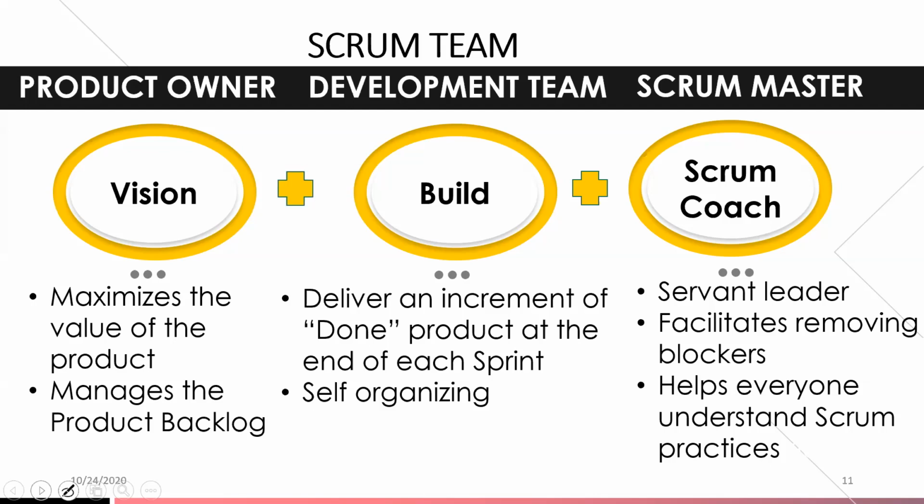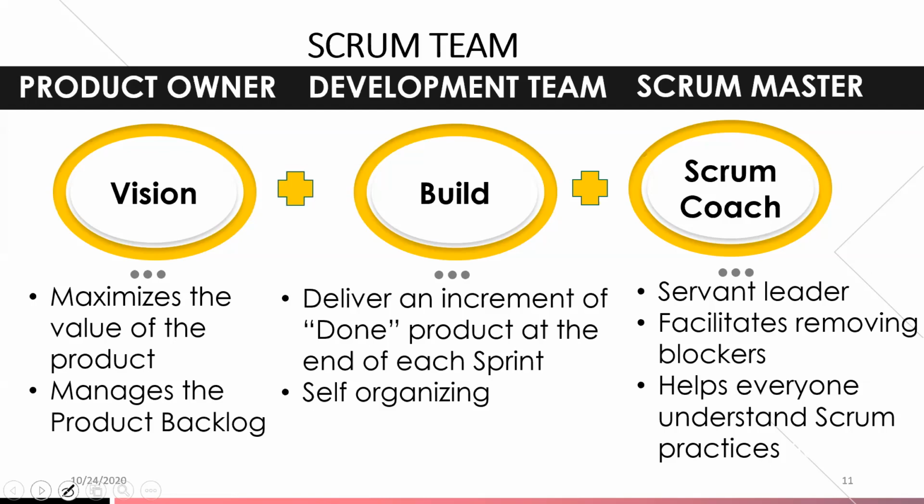Let's look in the middle, the development team. The development team is responsible to build the product according to the vision that the product owner has. So the development team, they deliver an increment of done. So that is the goal, to get to done at the end of each sprint. And as I mentioned before, the development team, they're self-organizing.